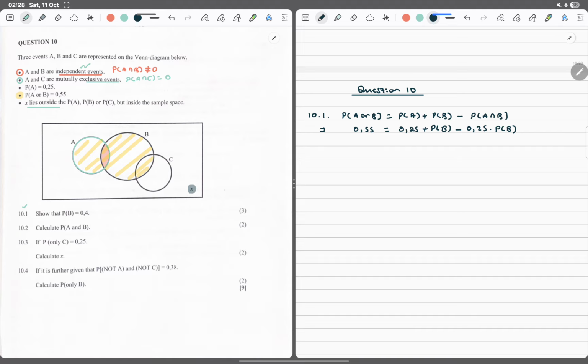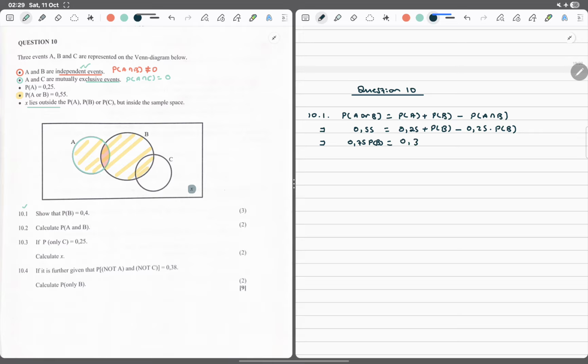Nicely, we only have one unknown, so this is good. So P of B minus 0,25, what is it? 1 minus 0,25 gives us a 0,75 P of B equals, so we're going to say 0,55 minus 0,25 is 0,3.